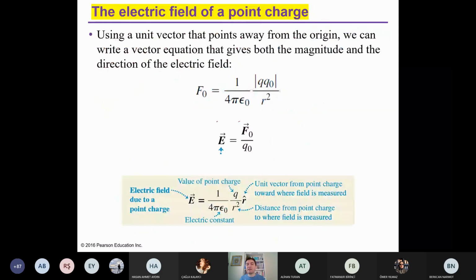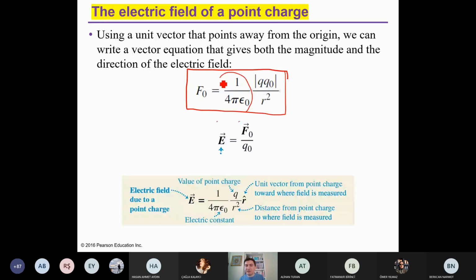Okay, so now let's calculate the magnitude of this electric field. During the last lecture, we have given this force, the attractive or repulsive electrostatic force between two charges. This is given by Coulomb's law. And here what we have, this is the K, you remember, constant.